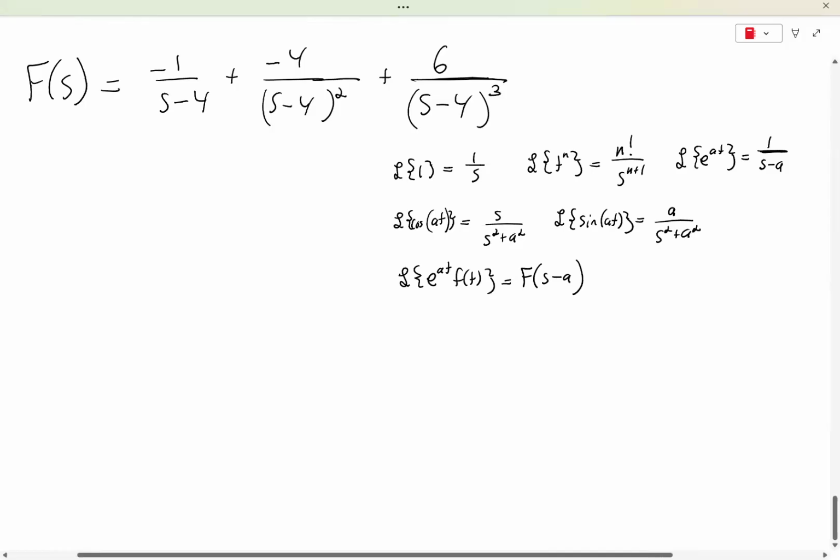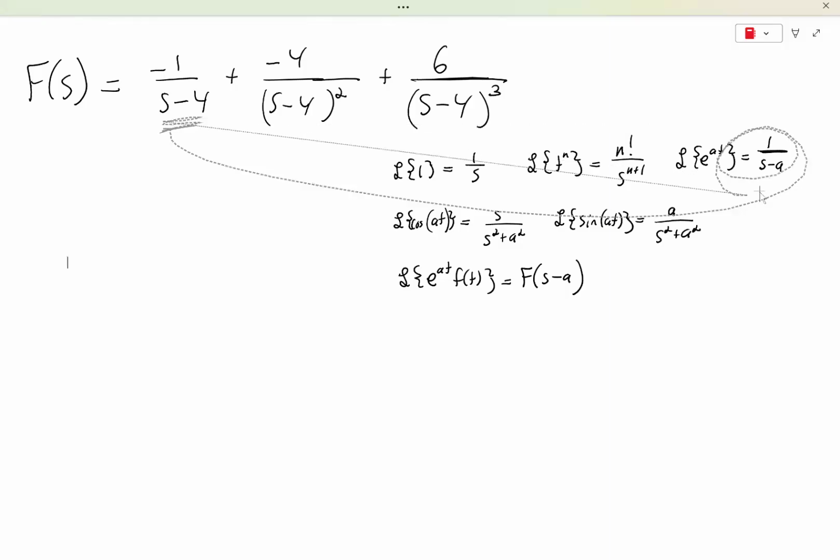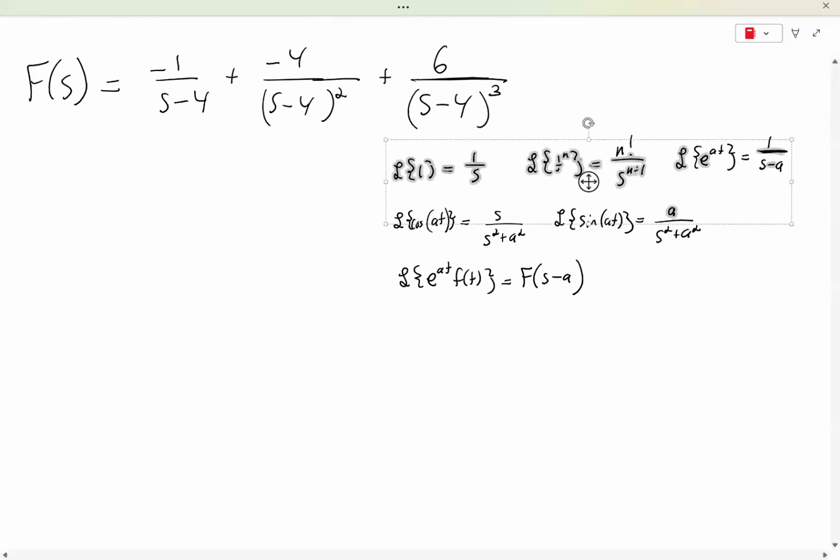Let's look at the first one here. The first one's pretty easy. That's just going to be this one, and that's here. Now the second one and third one are a little trickier. It's actually related to this down here, for these last two.